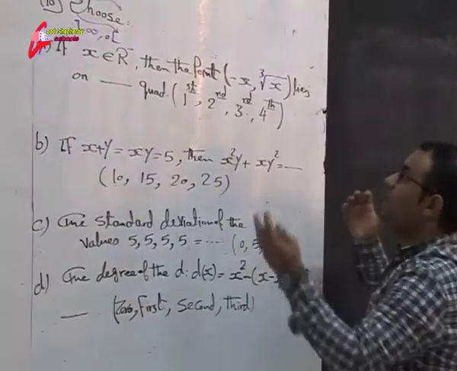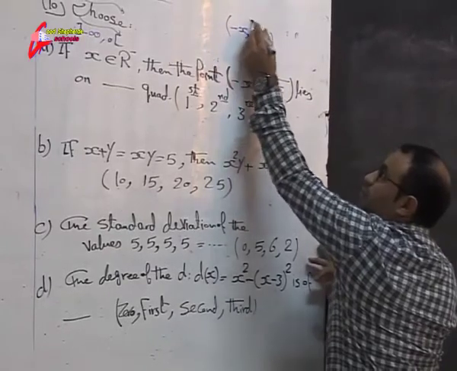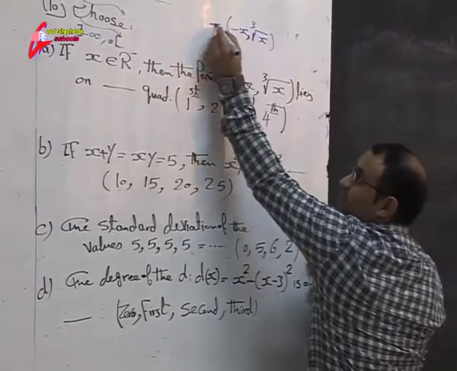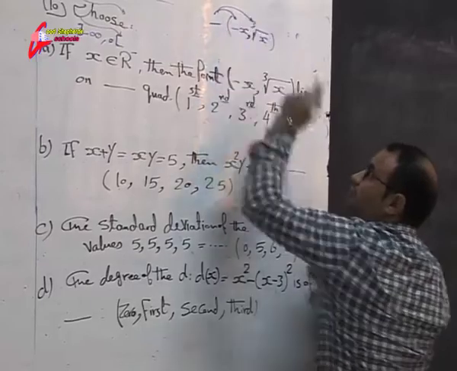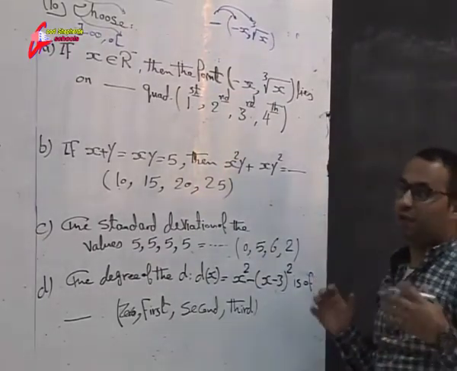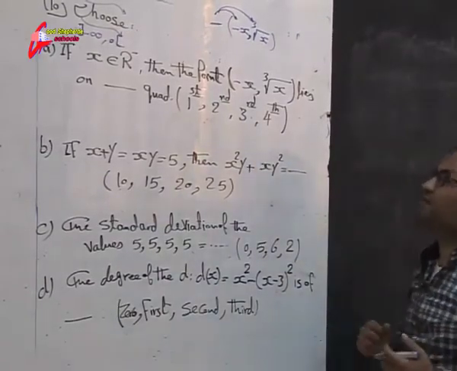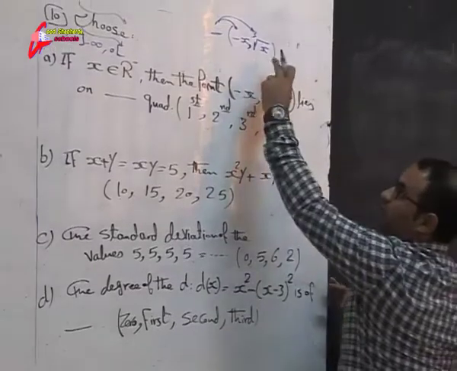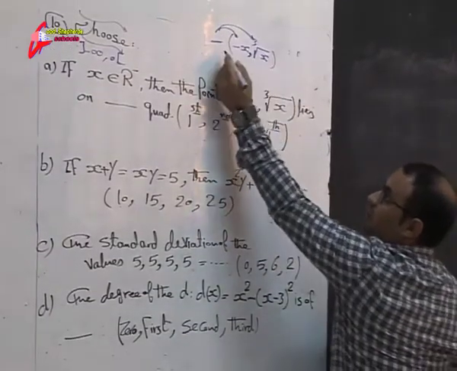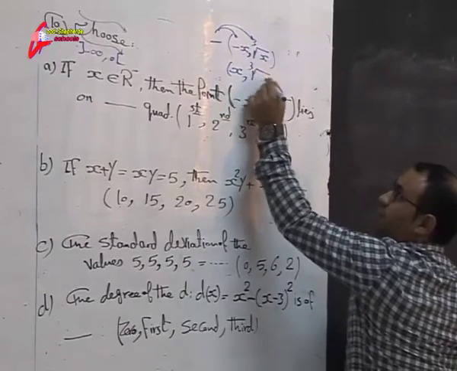So when we have a negative to this point, negative x and cube root x, change all of this. We have a phrase, you know this phrase, negative can change anything inside the bracket. So the answer will be negative times negative will be x, and negative cube root x.